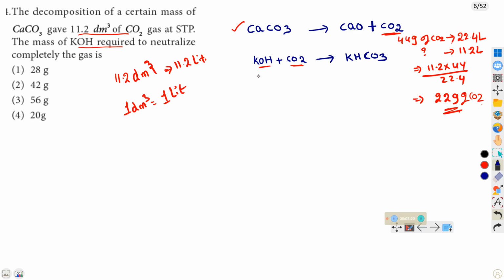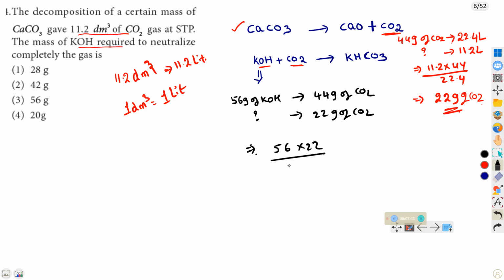According to this reaction, the molecular weight of KOH is 56 grams. 56 grams of KOH requires 44 grams of CO2. Then 22 grams of CO2, KOH how much is required? 56 into 22 by 44. 2 times 56 by 2, 28 grams. First option correct.